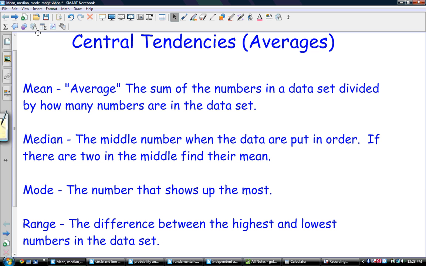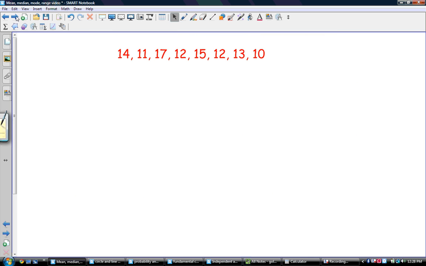So let's go ahead and do a couple example problems here of finding mean, median, and mode. We have a group of numbers here. There are 1, 2, 3, 4, 5, 6, 7, 8 different numbers here. So let's start by finding the mean.